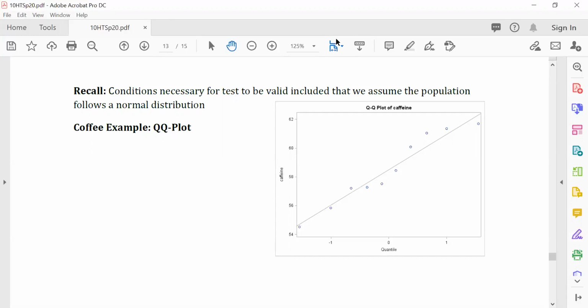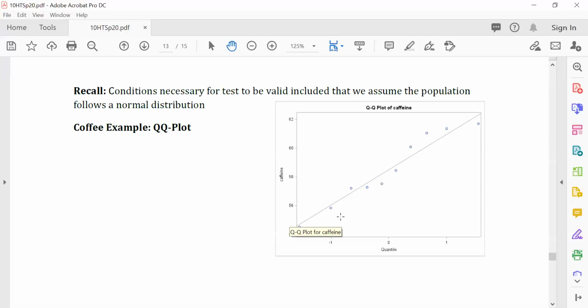I said this depends on what the distribution of your population looks like, and there I mentioned the QQ plot. I said we are going to talk more about it, a very useful visual tool to help us decide whether the distribution follows a normal distribution or not.